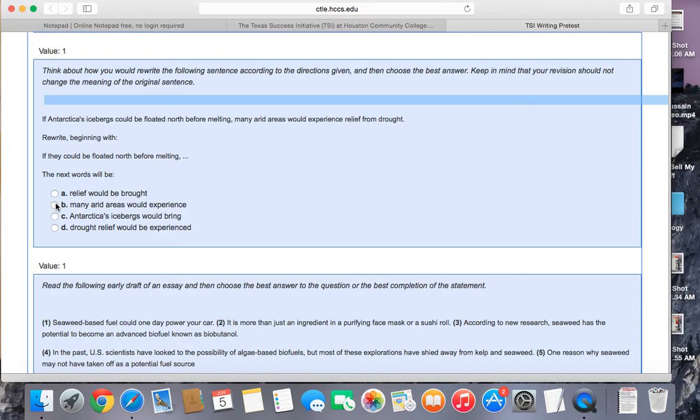Many areas would experience relief, relief would be brought. No. Okay, this, if they could float. So this is describing it. This is the description of the subject. The subject is right here, tardigrades. If a phrase is giving a description, you always want to put the subject after. So that's C.